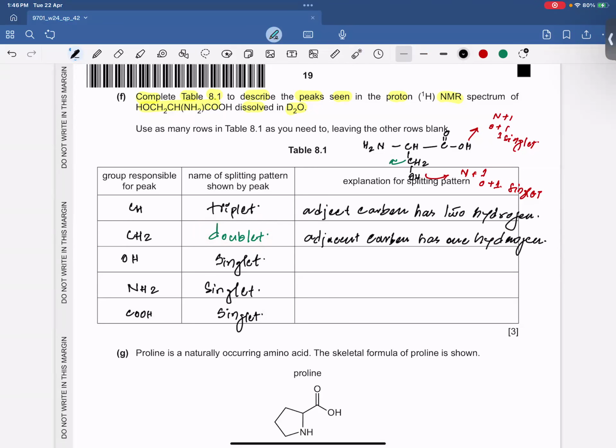Okay. If it is singlet, it is also singlet. N+1 rule are not gonna apply because neighbor carbon has no hydrogen atom. I can also write failure of N+1 rule.